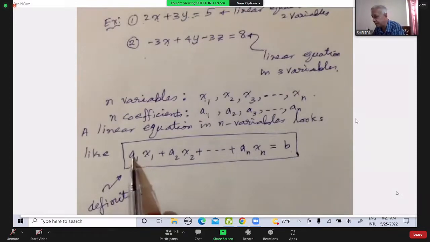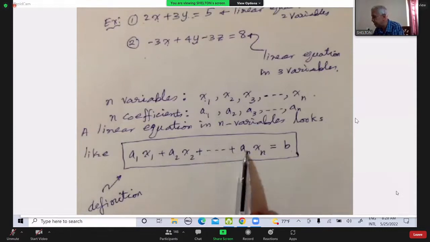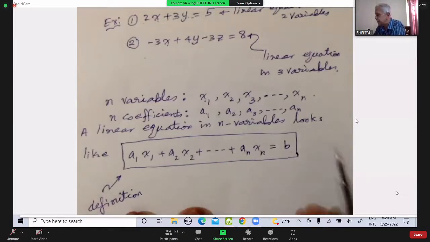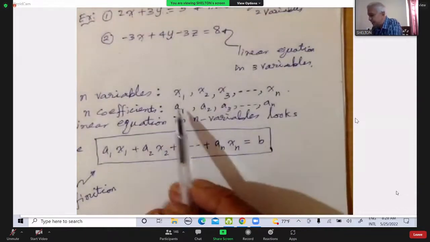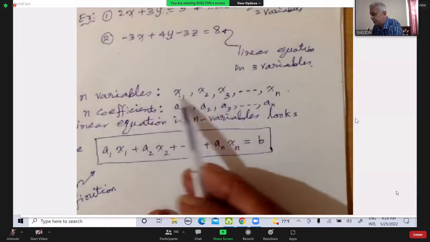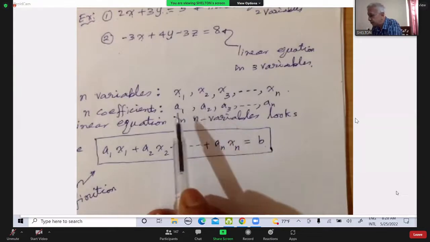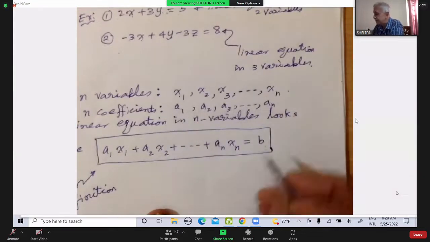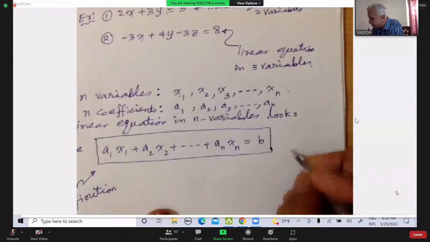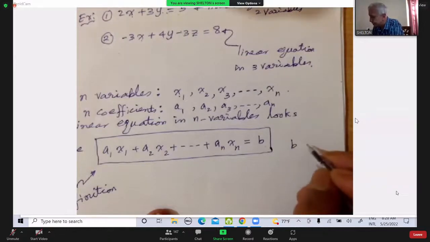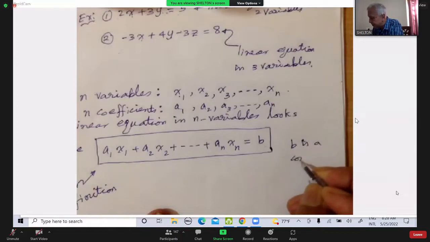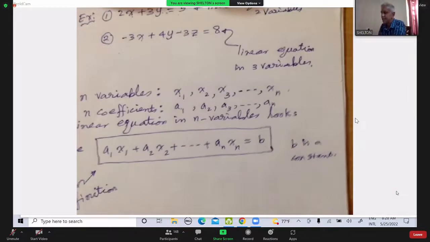So we have to have numbers times variables, plus numbers times variables, and then another constant. Variables x1, x2, xn. Coefficients a1, a2, an. Then there is this b, no? So this b is just a constant, not to be confused with a variable. B is a constant, meaning just a real number.